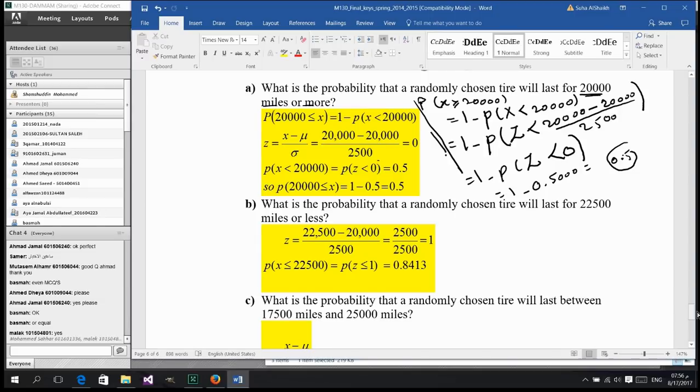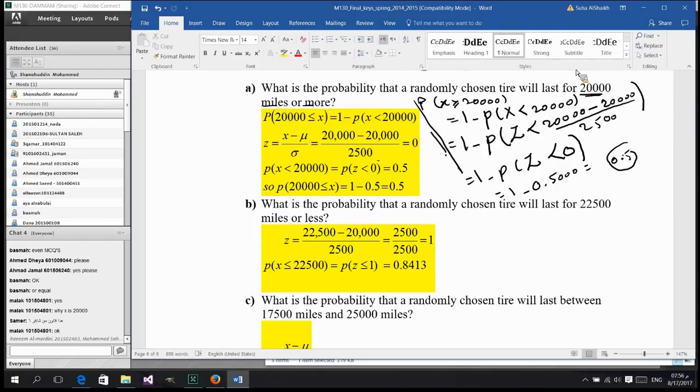Now in part B, what's the probability that a randomly chosen tire will last 22,500 miles or less? What does miles or less mean? I'm talking about x less than or equal to 22,500.